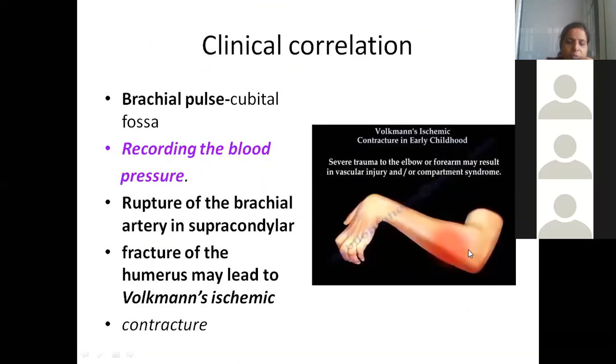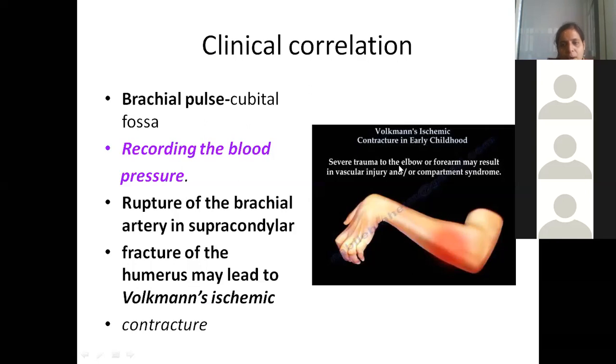See, the clinical significance of the cubital fossa. We can check the blood pressure, isn't it? What do we palpate when we are checking the blood pressure? Brachial artery, isn't it? Sometimes this brachial artery may be damaged if there is any injury at the elbow joint, especially a fracture of the humerus, which may lead to non-availability of blood supply to the muscles of the forearm, leading to a contracture called Volkmann's ischemic contracture.